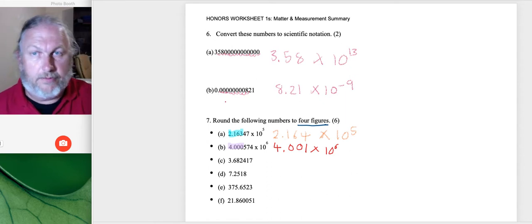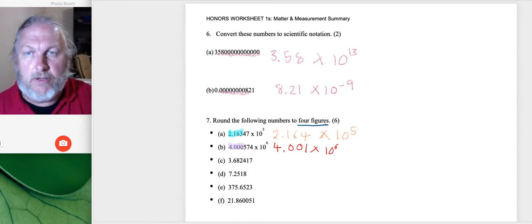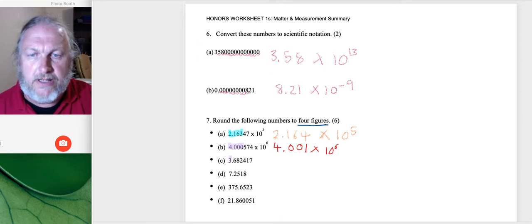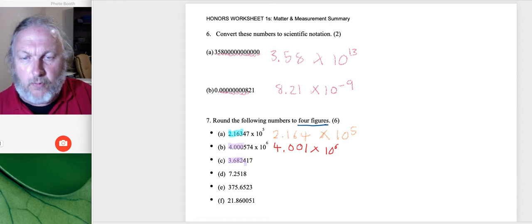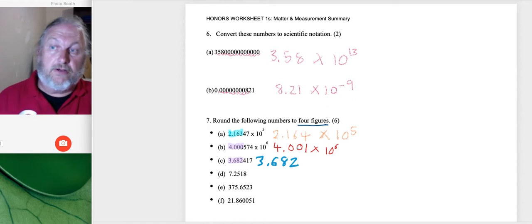Not hard. These should be easy points for you guys. Same thing, 4 figures or 4 digits. 1, 2, 3, 4. It doesn't round up, so all I've got to do is write that down for what it is: 3.682. 4 figures, 4 digits.